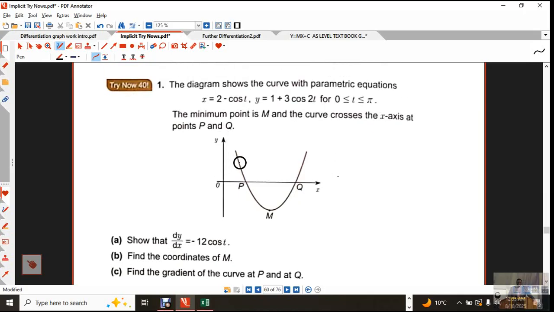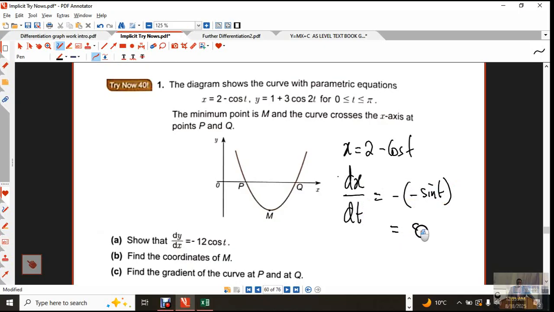Of course, I can just as well start here with part A. I can say, okay, this is x is equal to 2 minus the cosine of t, and I'm going to have dx dt. The derivative of that is obviously going to be minus sine t, and then this is just going to be sine t.